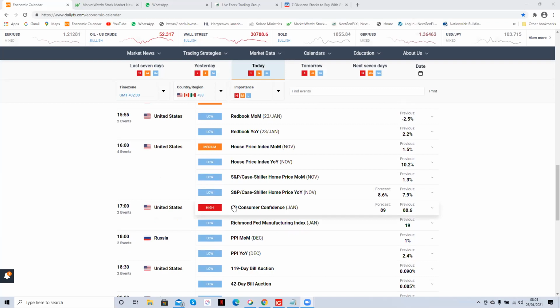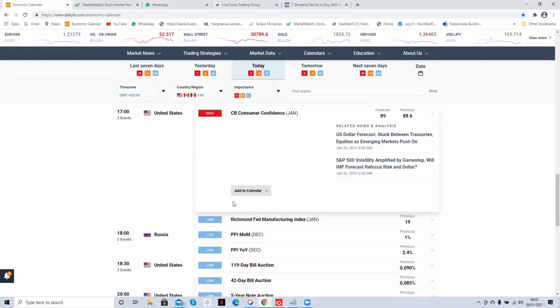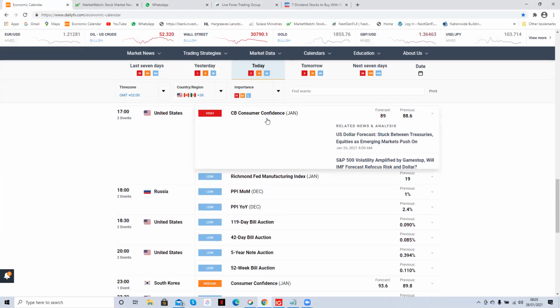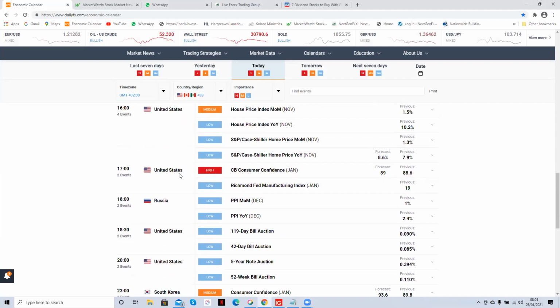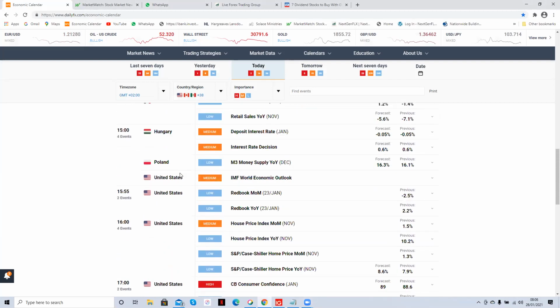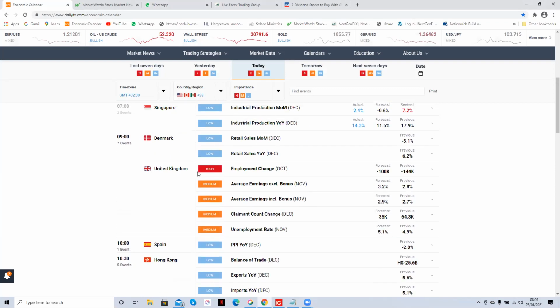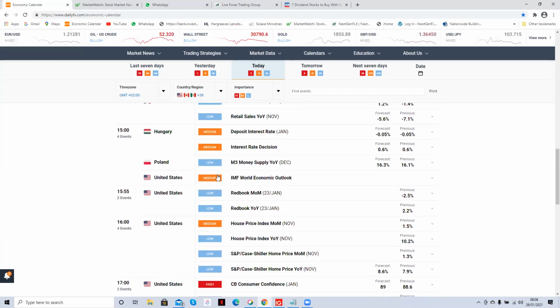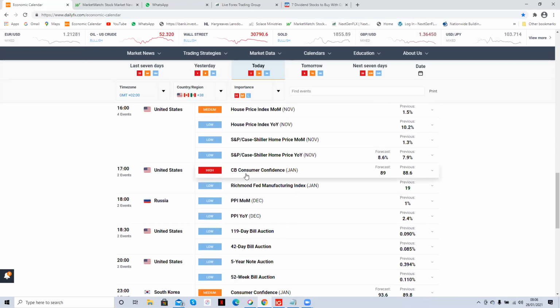Like I said, this one from the United Kingdom won't directly impact the Euro-US dollar. It could impact it indirectly. But of course, the one out of the United States would directly impact the Euro-US dollar.